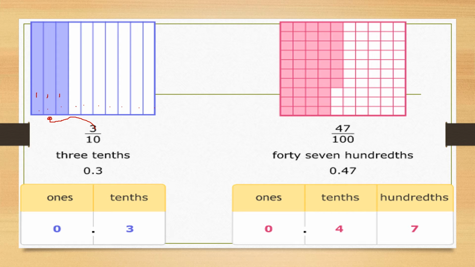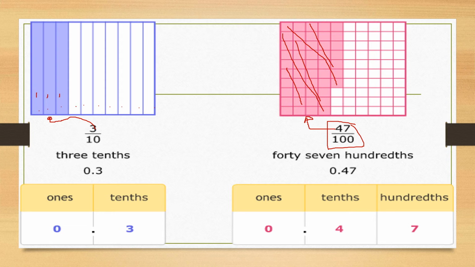Another is we have here 47 over 100. So 47, the numerator, represents the number of shaded boxes. This one represents this colored one. And 100, which is the denominator, is the number of boxes there.